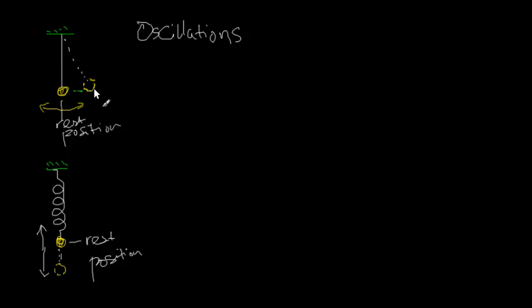And if I pull it out this far and let go, it will keep swinging. Okay, but the biggest distance would be this distance. And in this case, if I pull it down and let go, and it goes up and down, this would be the biggest distance. Okay, so the biggest distance has a name.